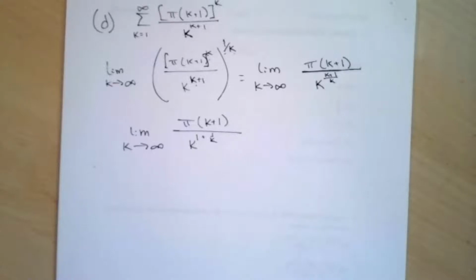And now you got to remember how to compute this limit. Wouldn't the 1 over k just go to 0?